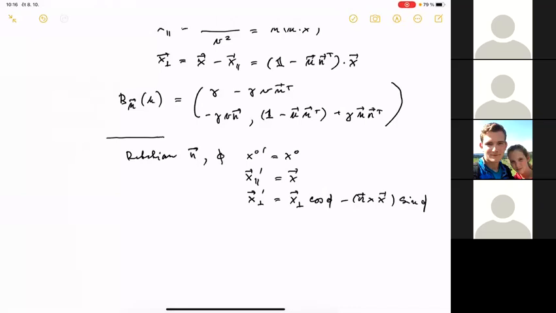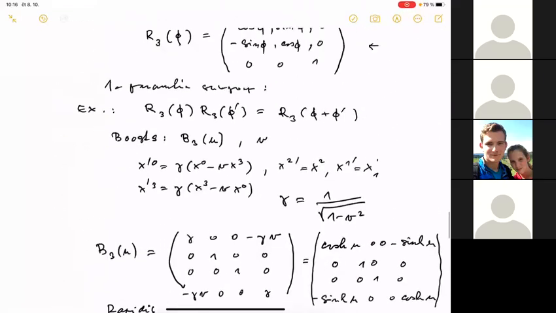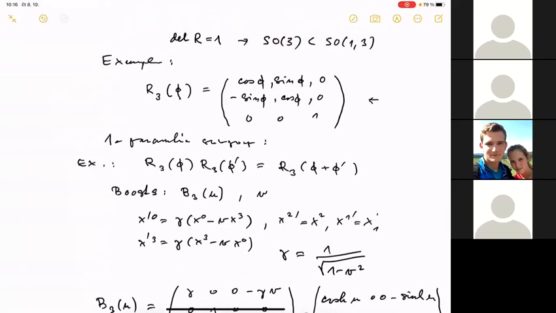Simply this orthogonal projection, and this second vector plays the role of the axes 1 and 2, which were orthogonal to the third axis, and these two independent orthogonal vectors, x orthogonal and this one, are just mixed by the rotation in the same way as x1 and x2 were mixed by the rotation around the third axis.